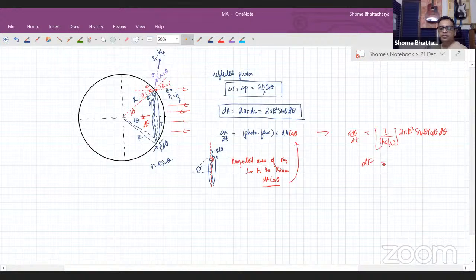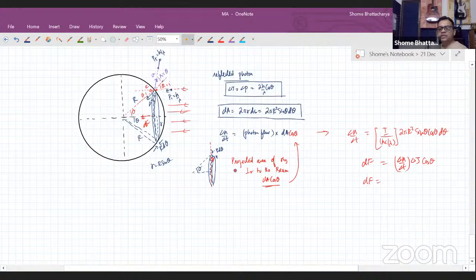So dF is going to be this rate at which photons are hitting it, into the impulse because of each photon, into a factor of another cos θ.